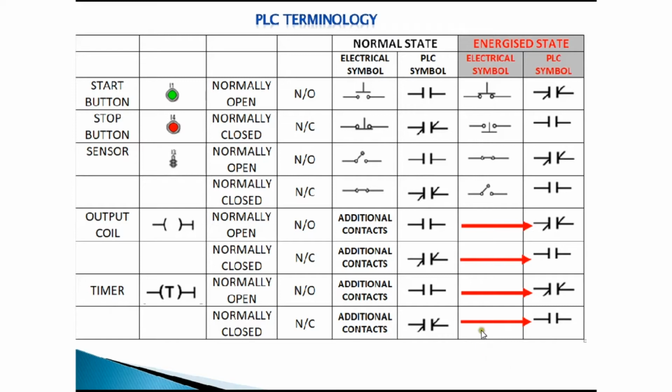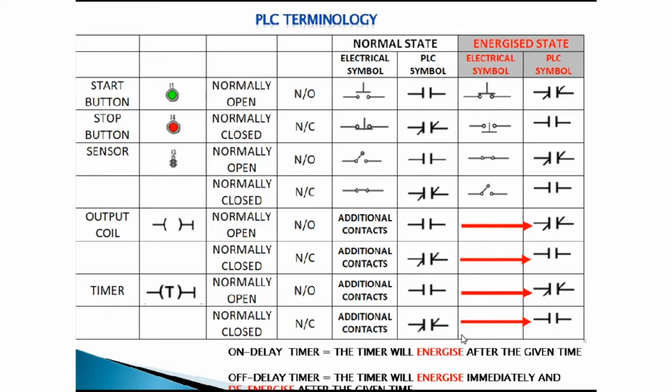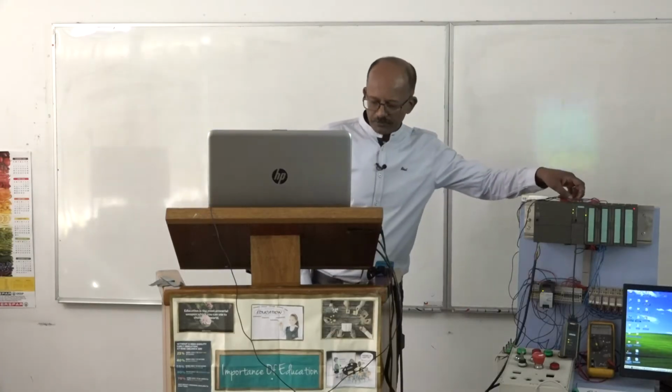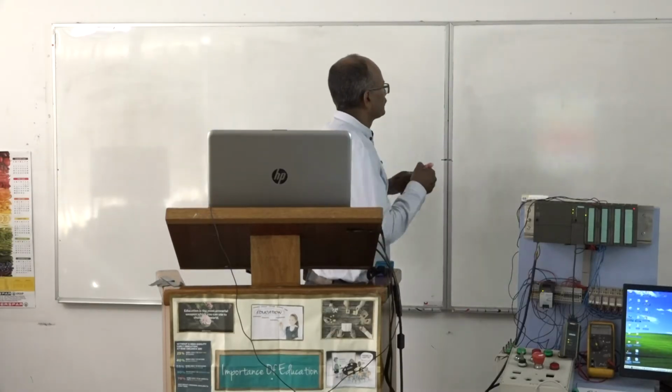Now, as I mentioned earlier, there are two types of timers. Your on-delay timer, and in your on-delay timer, you will find your timer will actually energize after a specific period of time. I'm just going to put that here for you.